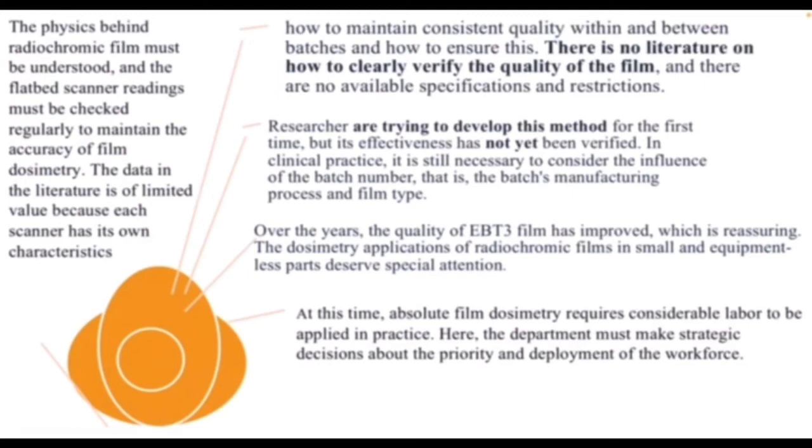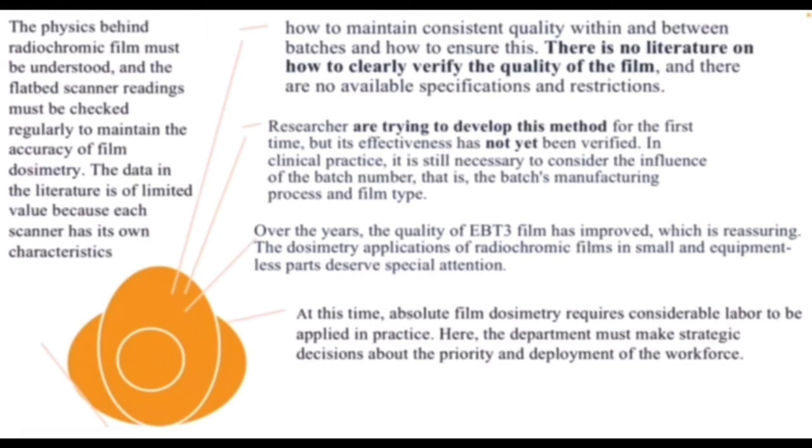There is no literature on how to clearly verify the quality of the film, and there are no available specifications and restrictions. So the researchers are trying to develop this method for the first time, but its effectiveness has not yet been verified. In clinical practice, it's still necessary to consider the influence of the batch number, that is, the batch manufacturing processes and film type.